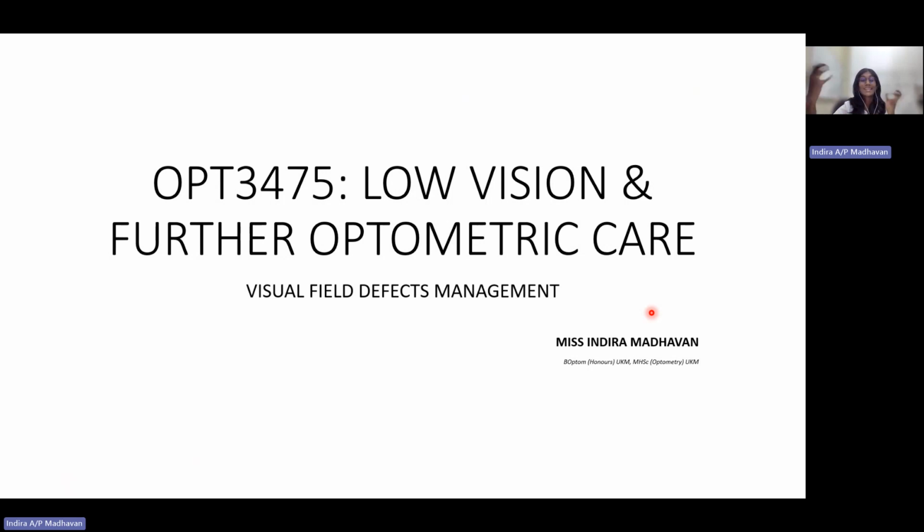We have to scan first to get the information and to get confident in moving around. But patients who are visually impaired with additional peripheral visual field defects would have this problem. So these two questions will give us an idea of what is happening to the eye of the patient that is related to visual field defects. That's how we relate the assessment to the finding, and how we manage that.